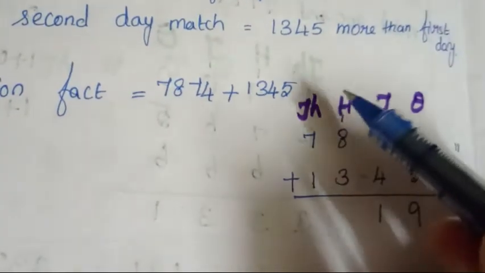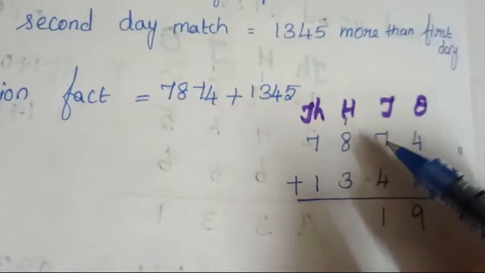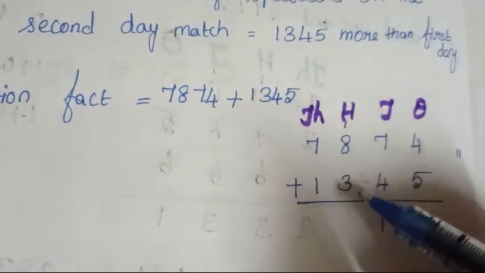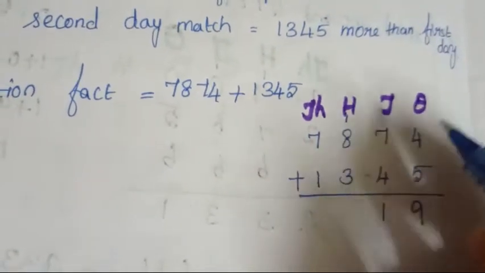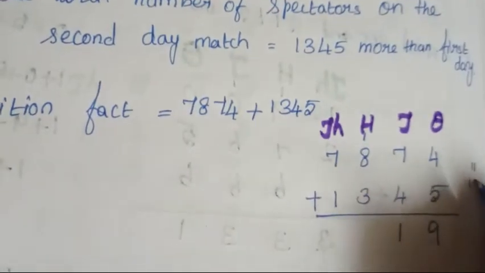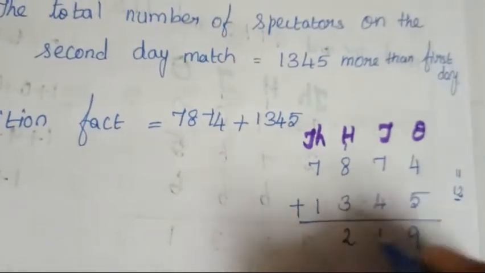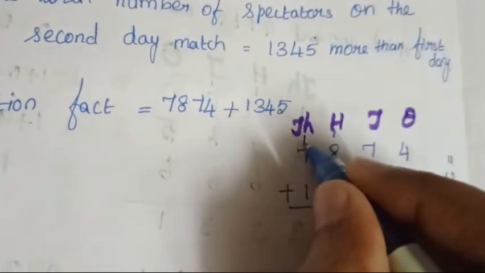Now you have to add the values in the hundreds place. That is 1 plus 8 plus 3, which gives us 12. Again you have to write 2 in the hundreds place and carry over this 1 to the thousands place.